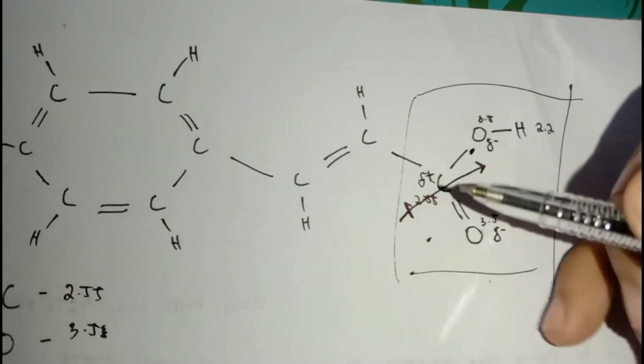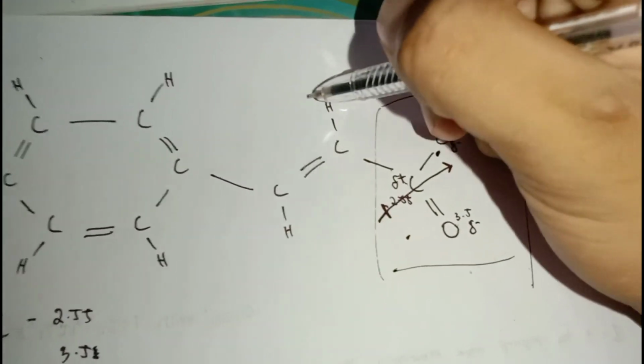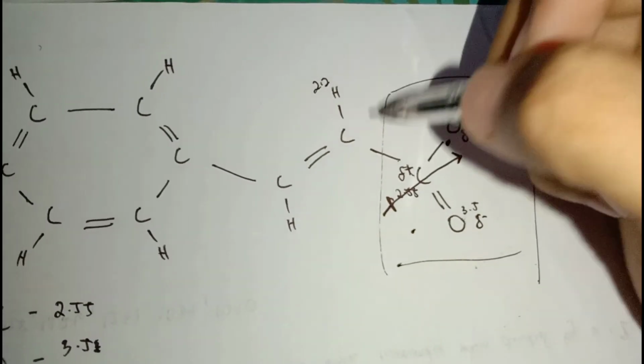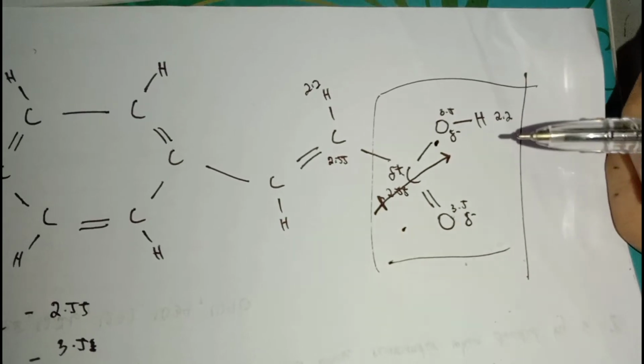An additional example is hydrogen and carbon. Hydrogen has a 2.2 electronegativity, and carbon has a 2.55 electronegativity.